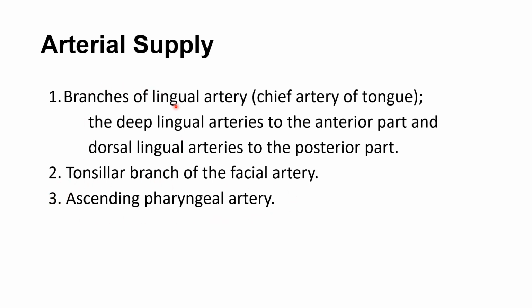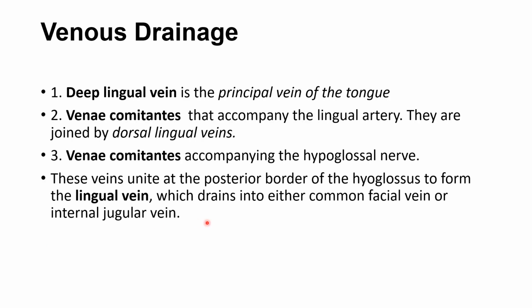So three arteries, repeat with me again: lingual artery, tonsillar branch of facial artery, and ascending pharyngeal artery. The venous drainage, as we have seen in the ventral aspect, we can see the deep lingual vein. This is the main vein, the principal vein of the tongue, and other veins draining it are the venae comitantes that accompany the lingual artery and also the hypoglossal nerve.